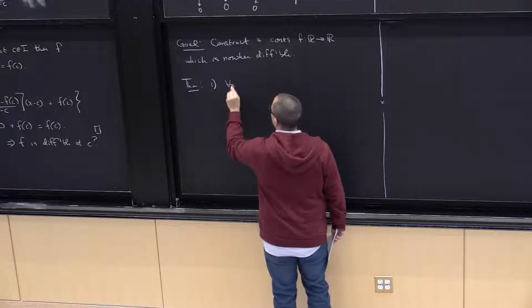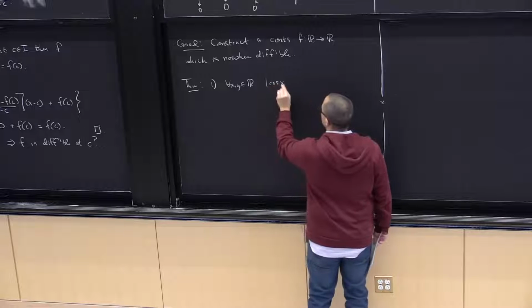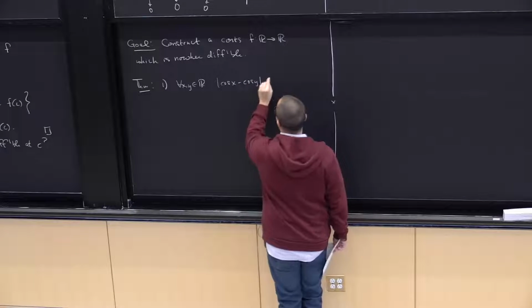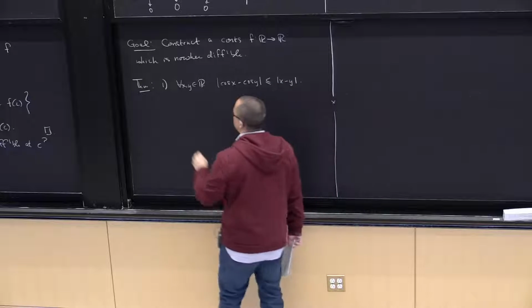Let's start off with some elementary facts about cosine. First, for all x and y, the absolute value of cosine x minus cosine y is less than or equal to the absolute value of x minus y.